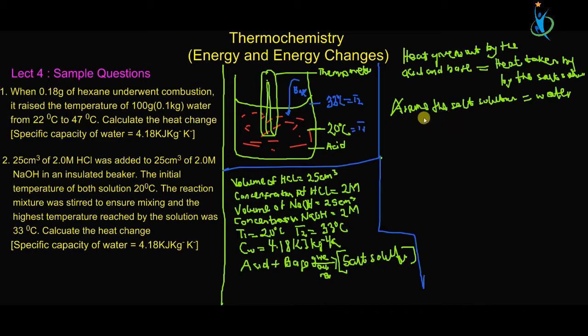So we can regard the specific heat capacity of the salt solution to be the same as that of water, and then use the information of the water to find the heat that came out from the reaction between the acid and base. Since we know that the heat is calculated using the specific heat capacity times the mass that the heat went into times the change in temperature, then we can simply get that.